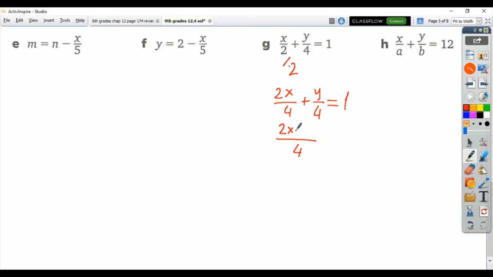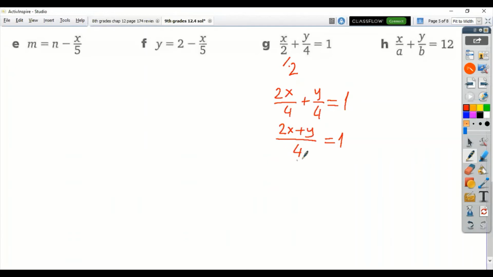Over the same denominator 4, 2x and y are added. One fraction, we write them in a common fraction. What is applied to x? x is multiplied by 2, then 2x is increased by y, and finally this expression is divided by 4. Dividing by 4 is the final operation.